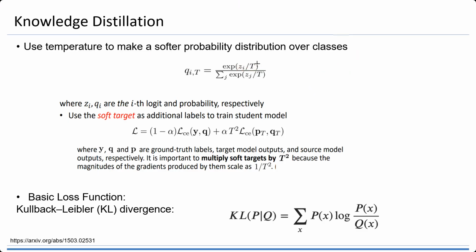Or sometimes we can also use a temperature less than 1. Let's say we have z_i divided by 0.1. If the temperature T is 0.1, then this value will be bigger.